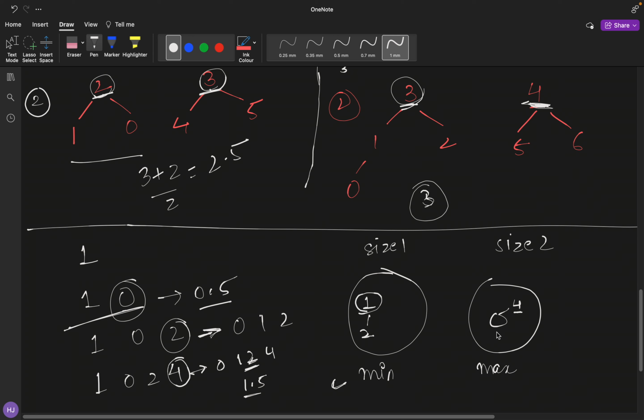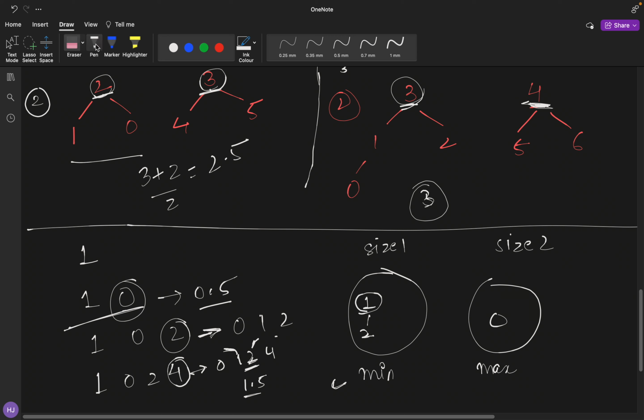So the minimum amongst the largest in this case is 2, and the maximum amongst the smallest in this case is 1. So 4 is not my choice to insert in the max heap.